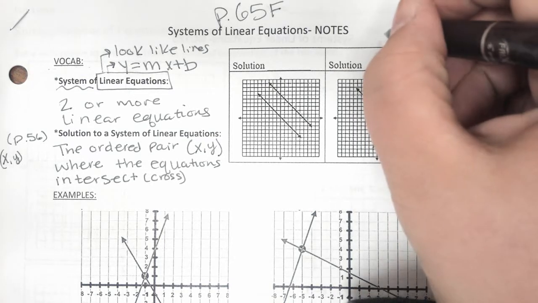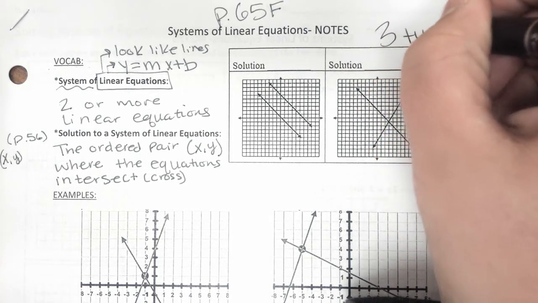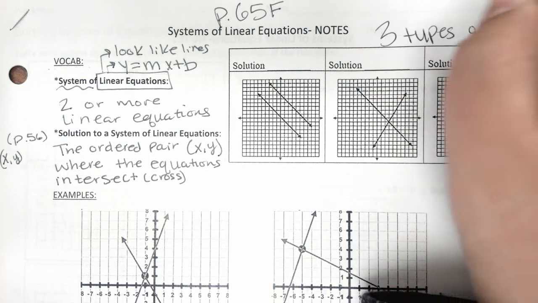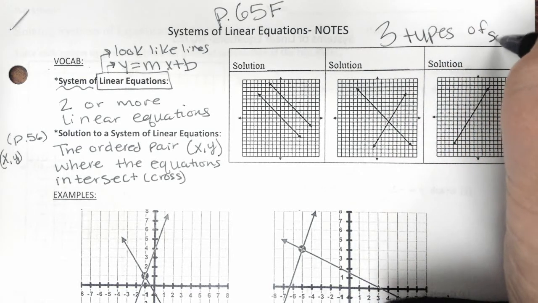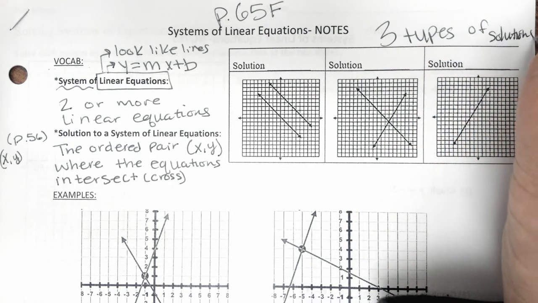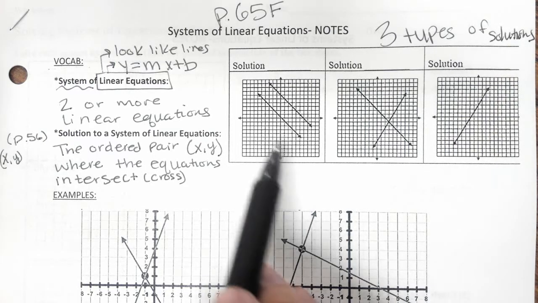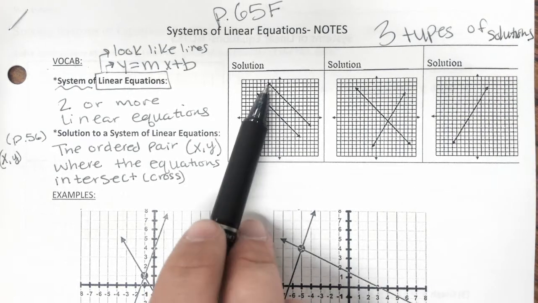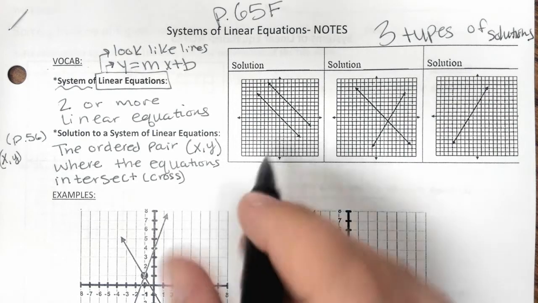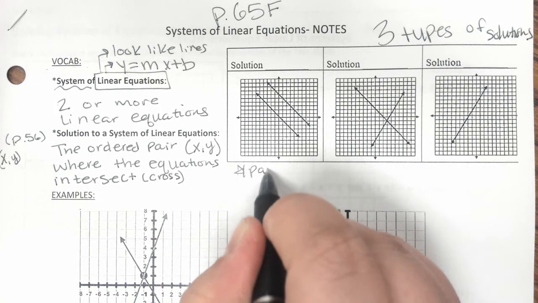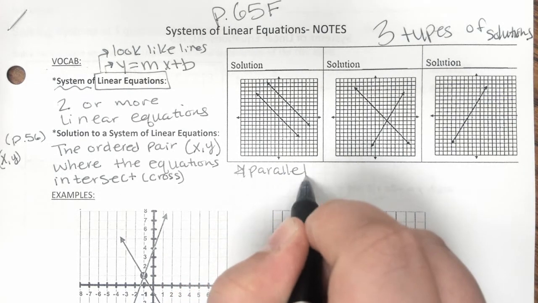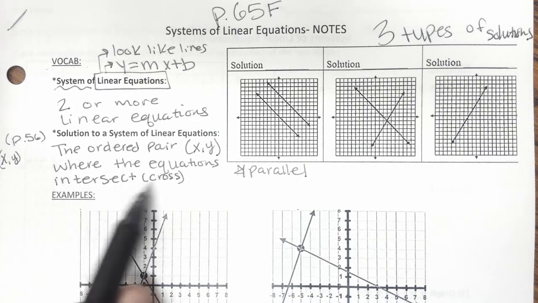Now there are three types of solutions. The first type is between two parallel lines. These are parallel lines, which means they never ever touch, or they never intersect or cross.